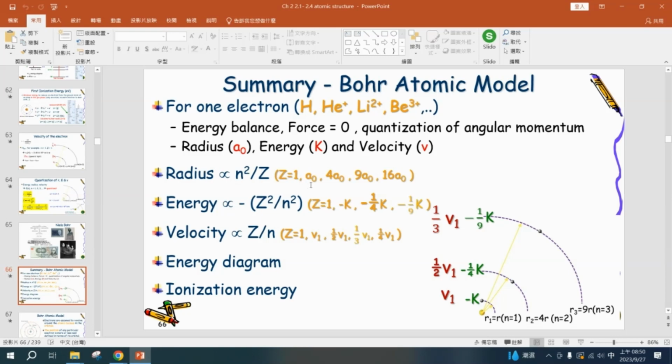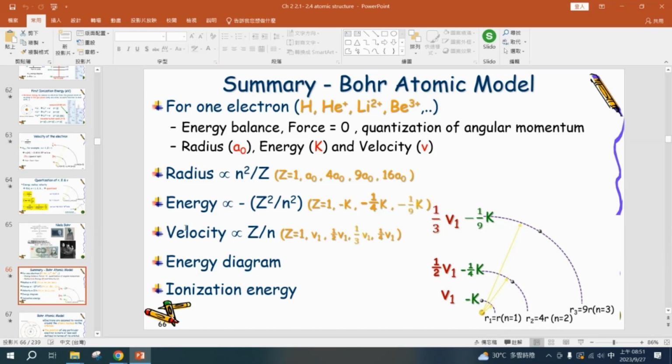So if Z equal to 1, n equal to 1 you have A0, n equal to 2 will be 4A0, n equal to 3 will be 9A0, n equal to 4 will be 16A0. So this is 1R, 4R, 9R, 16R.